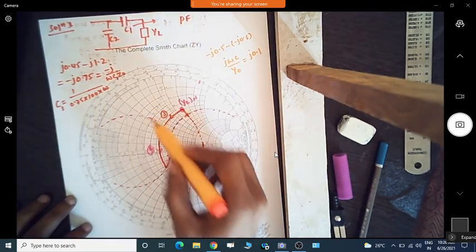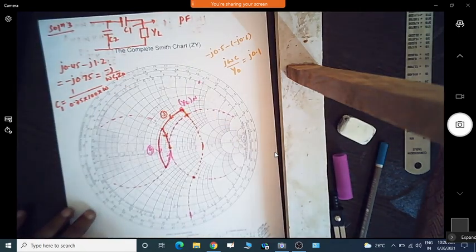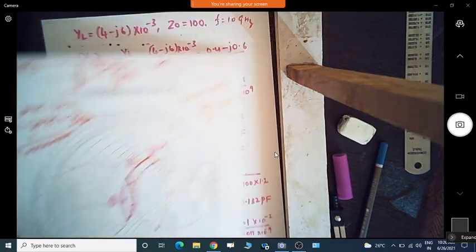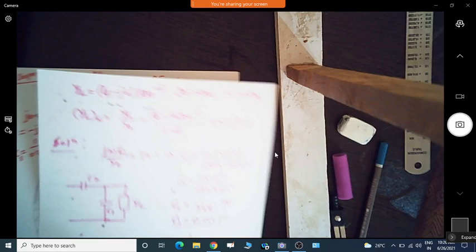These are the values and you can try to solve this problem on your own. Okay, so now let us move on to the next concept.